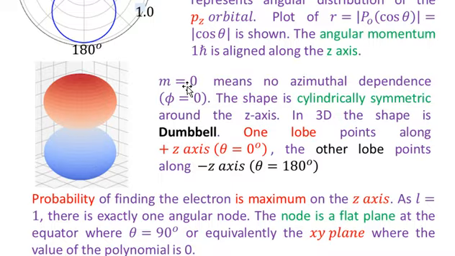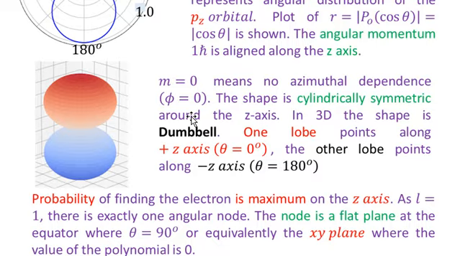So let me read that m is equal to 0 means no azimuthal dependence, or you can say that phi is equal to 0. If you talk about the spherical harmonics, the full wave function of the spherical harmonics, which I have discussed in slide number 9a, you will see that if you put m is equal to 0 over there, you will lose the azimuthal dependence, because the azimuthal dependence has a wave function of the form e to the power i m phi.